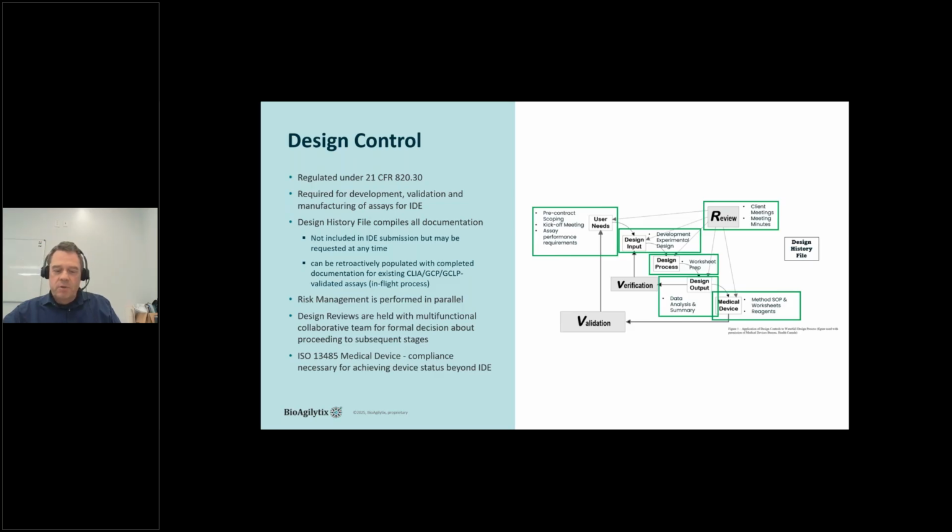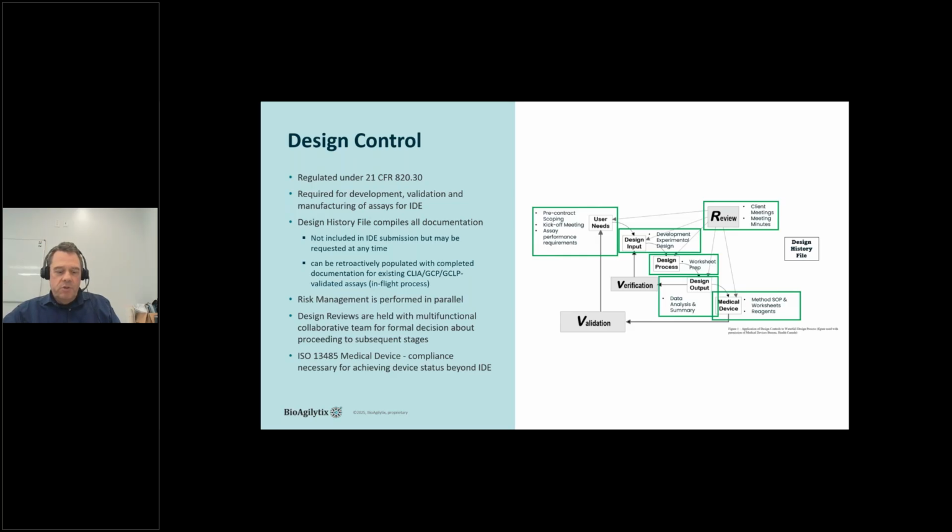So the process starts with defining user needs, and the users can be all stakeholders. That's primarily the sponsor for the trial and the assay, and also clinicians who would be using test data to enroll the subjects. There are also regulatory needs and also considerations for safety of the operator in the assay, for example.